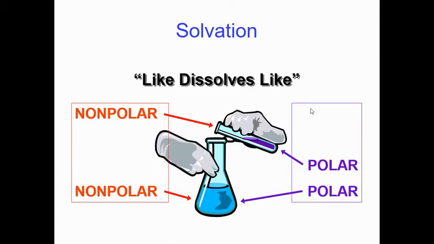So if it needs to clean something that is greasy, that has oils in it, those tend to be nonpolar. The part of the soap that's going to clean that is going to be the nonpolar part. It's going to dissolve it and be able to wash it away. If you're trying to clean something that is polar, something like a vinegar out of something, or a wine, or something like that, you're going to use the part of the soap that is polar.